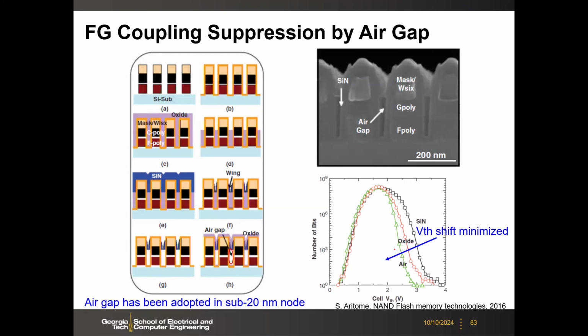Of course, this adds some process complexity. You have to etch this material. So air gap has been used for sub 20 nanometer 2D NAND flash.